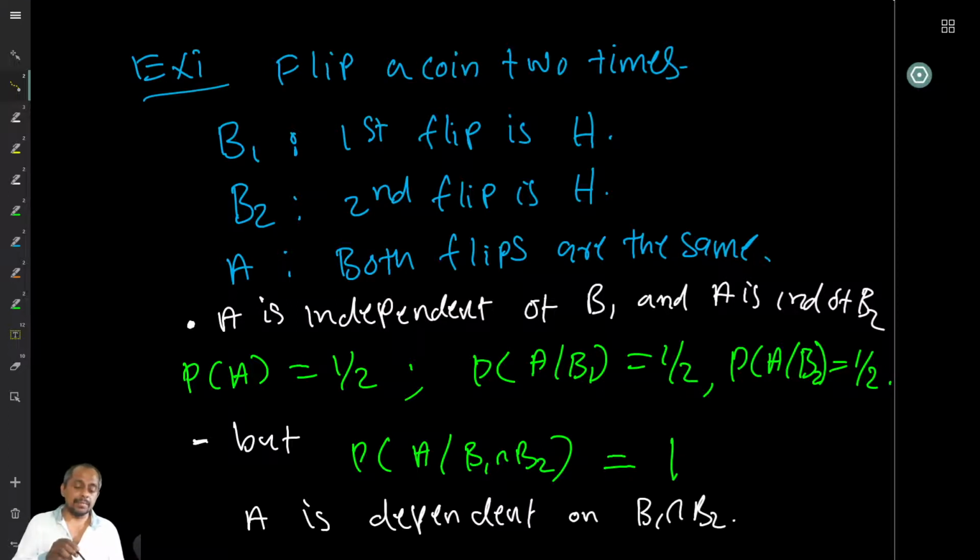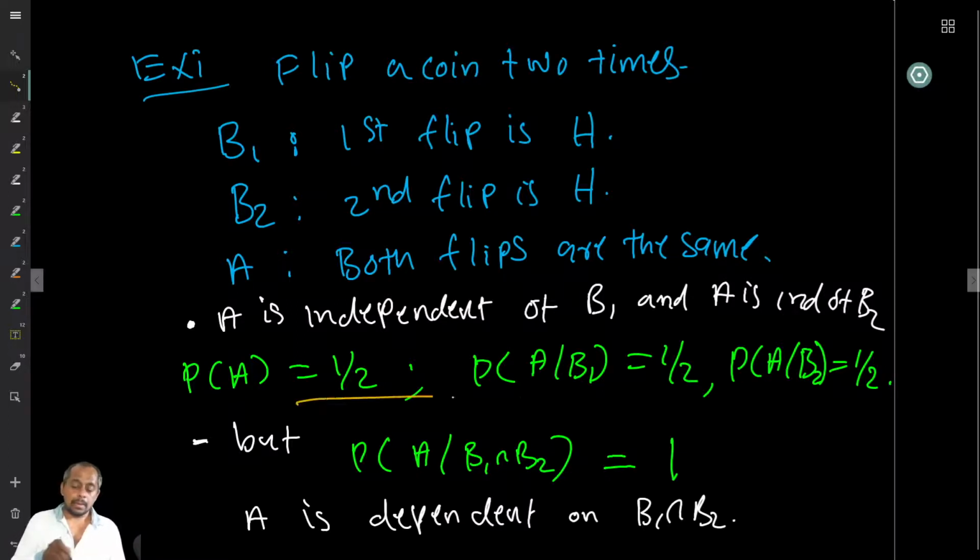Now, of course, one can verify that A is independent of B1, right? Because whether the first flip is a head or tail, it does not affect what happens to A. Similarly, A is also independent of B2, because the second flip being a head also does not affect what happens to A. We can verify that probability of A given B1 and probability of A given B2 are actually equal to probability of A itself.